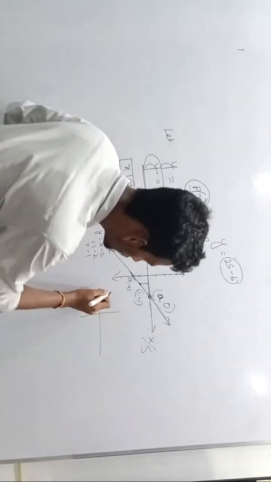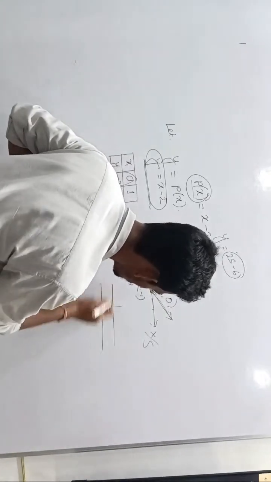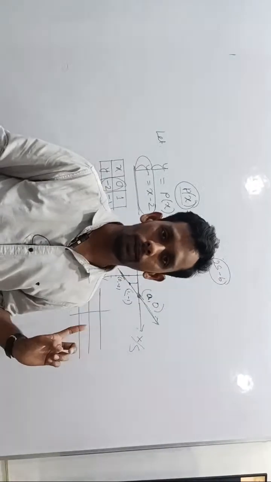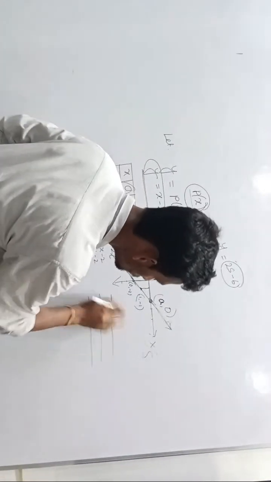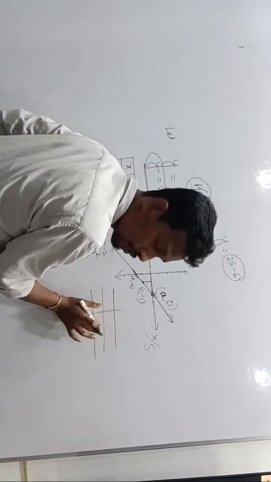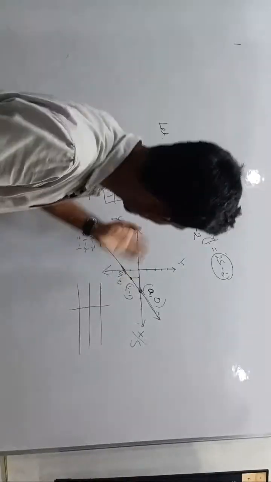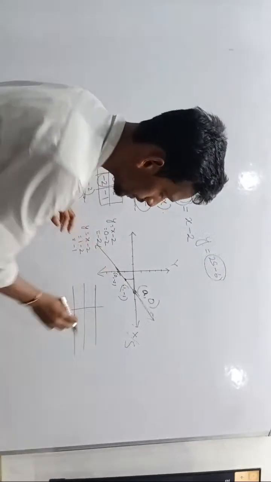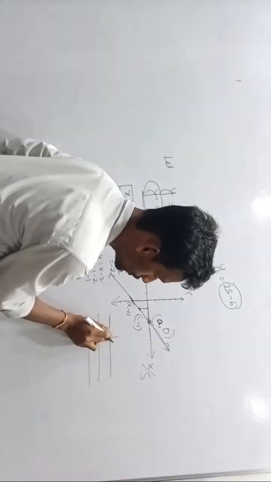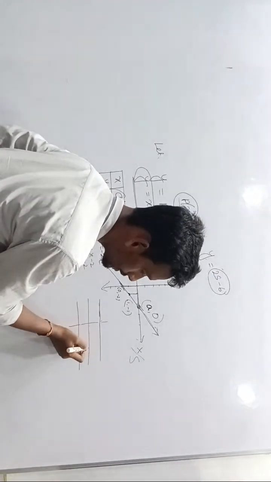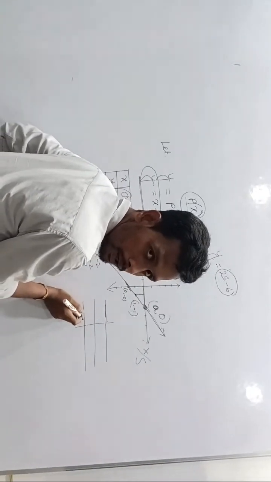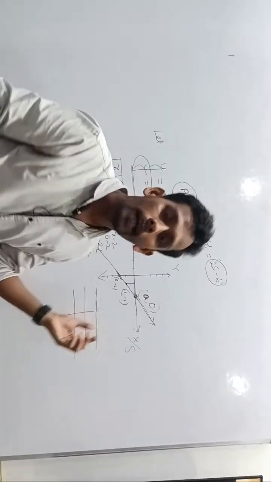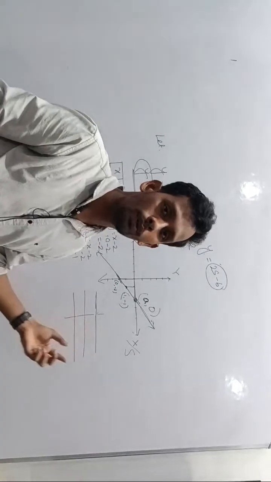When the line is parallel to the x-axis, it can never intersect it. So for some polynomials, the graph may not intersect the x-axis, and in that case that polynomial has no zero.